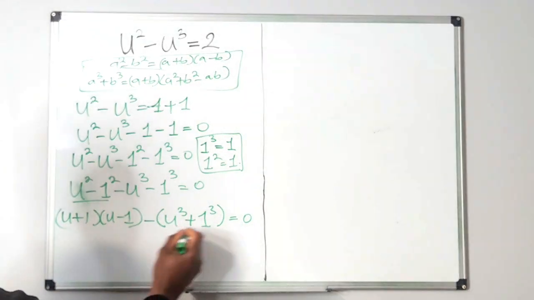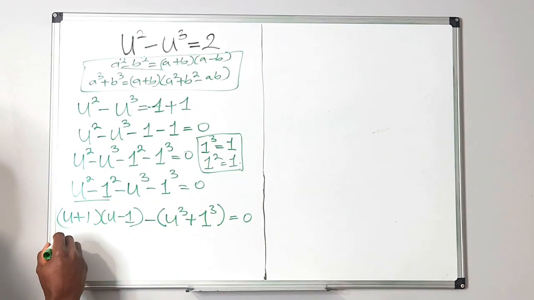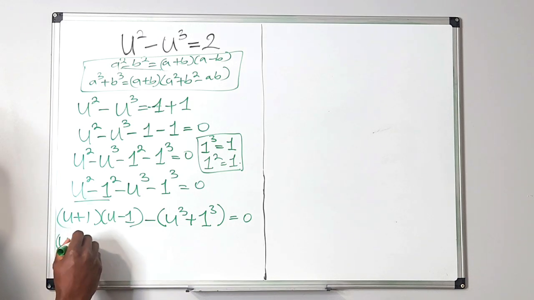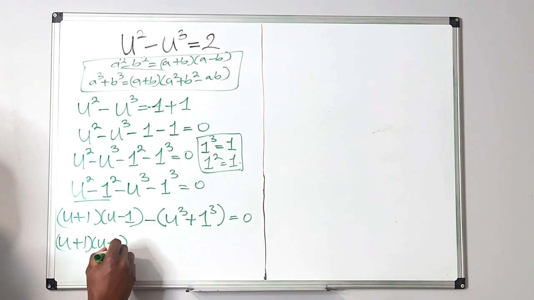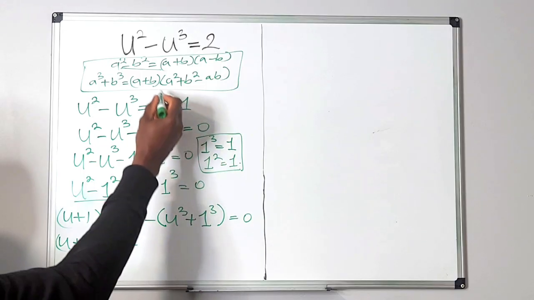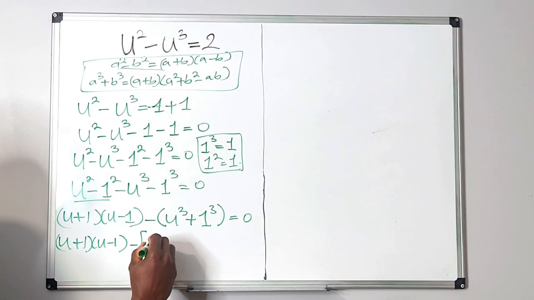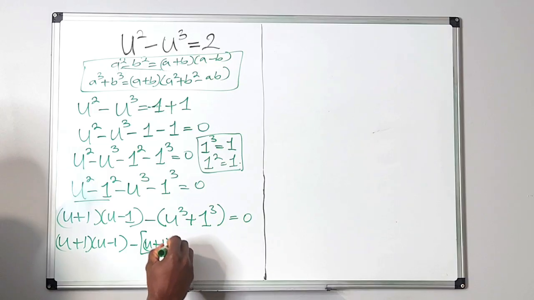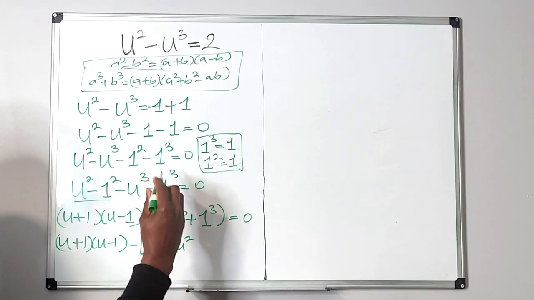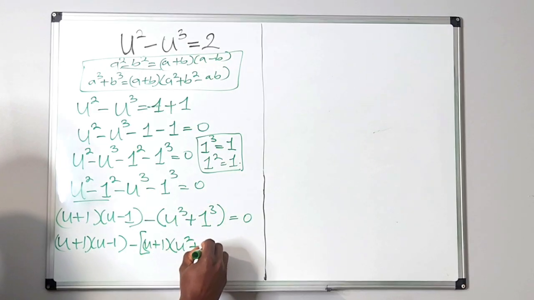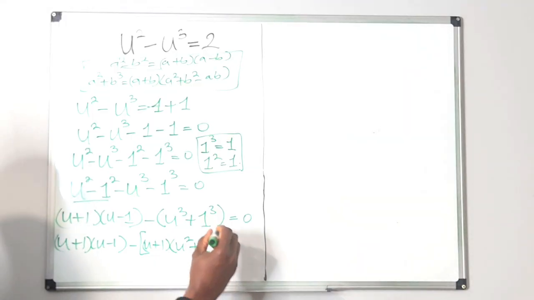Okay, so let's expand this. So now we have u plus 1, u minus 1, minus u plus 1, u squared plus 1 minus u.